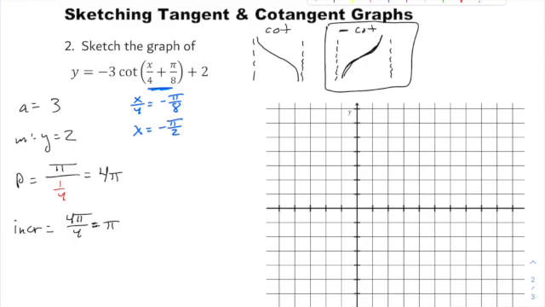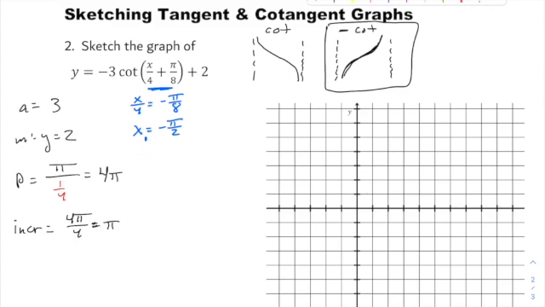This represents a shift of pi over 2 units to the left, and that actually is x1. So x1 is negative pi over 2, unlike tangent where that value is x3, the middle of the curve. This is actually the beginning of the curve, the vertical asymptote.